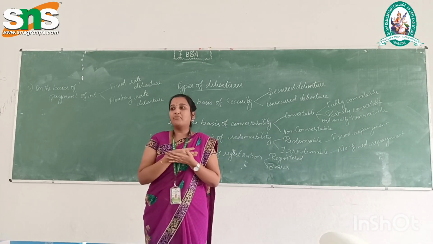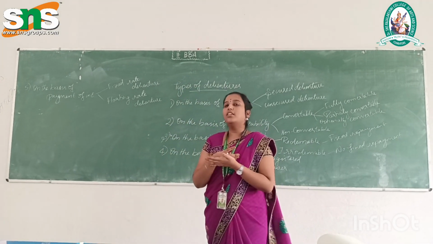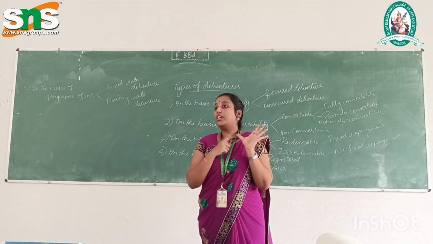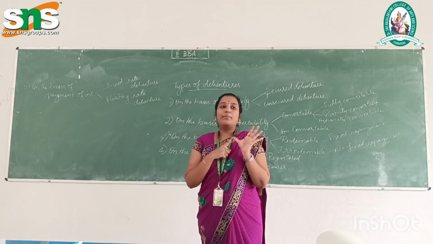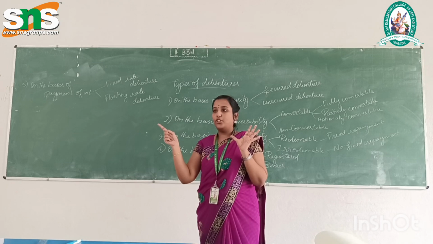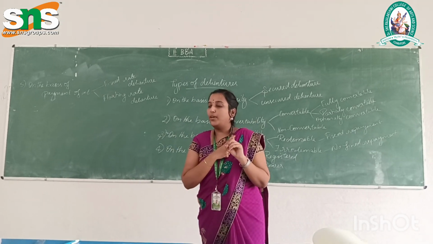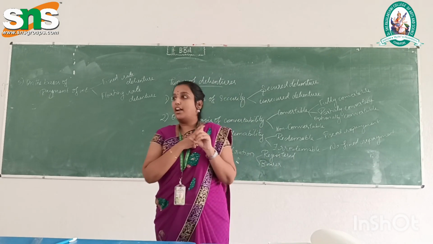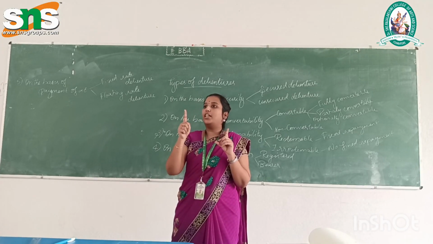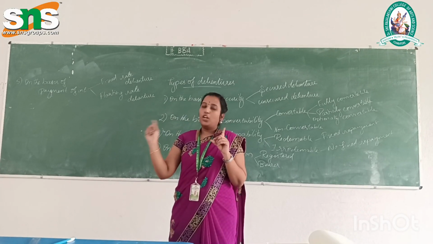So these are the different types of debentures. We have discussed 5 types. First, on the basis of security: secured and unsecured. Second, convertibility: convertible and non-convertible, convertible partially, fully, or optionally. Very good.